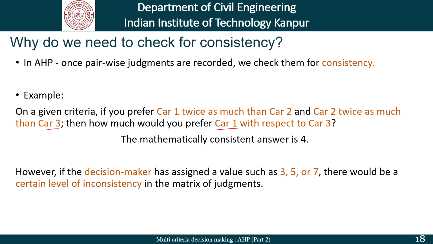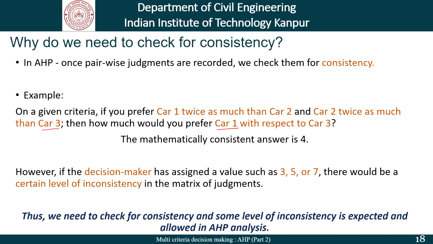From a decision maker's point of view, it is difficult to keep all the comparisons consistent. Thus, we need to check for consistency, and some level of inconsistency is expected in the analysis, and it is even allowed. I hope the concept of consistency is clear.